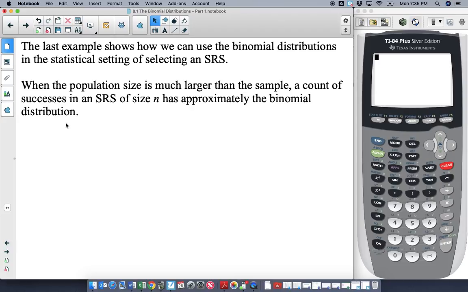So the last example shows how we can use the binomial distributions in the statistical setting of selecting an SRS. When the population size is much, much larger than the sample, then a count of successes in an SRS of size n has approximately the binomial distribution.